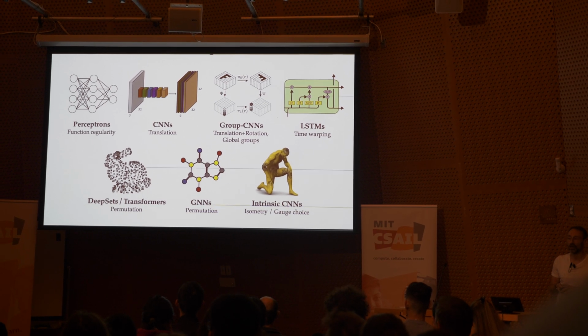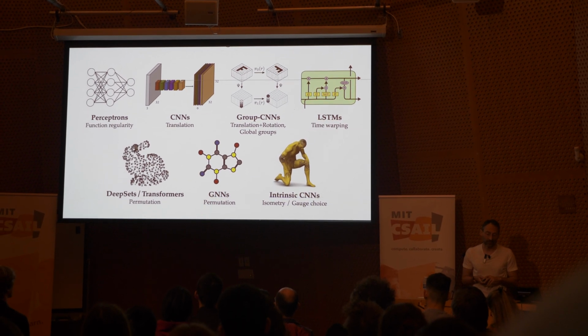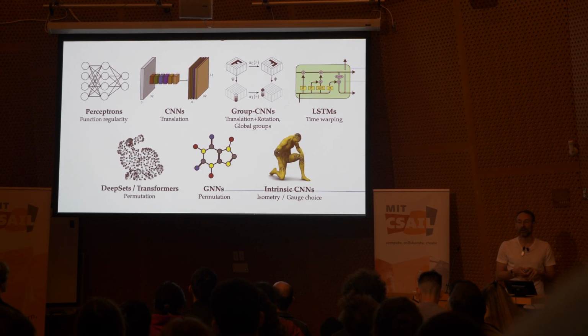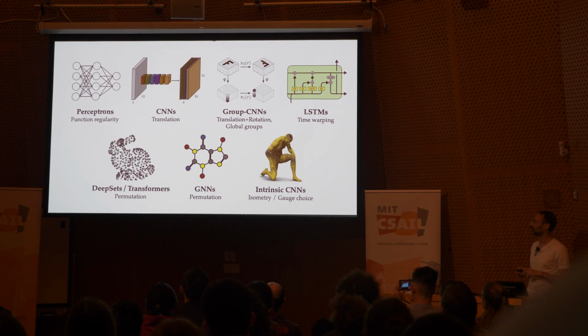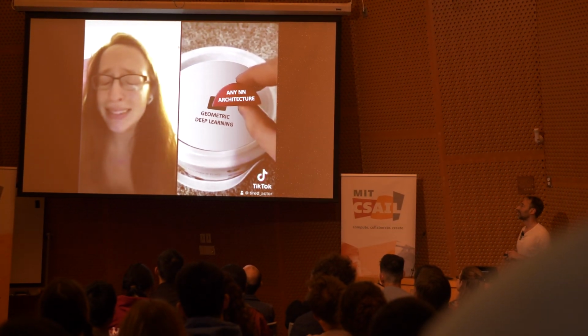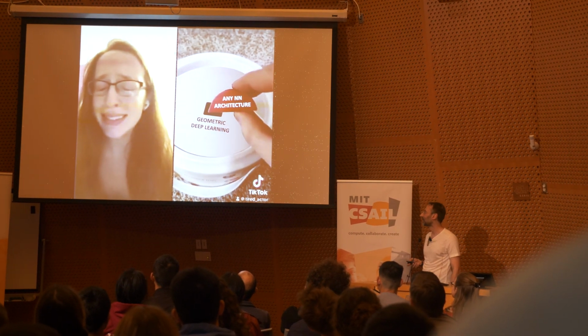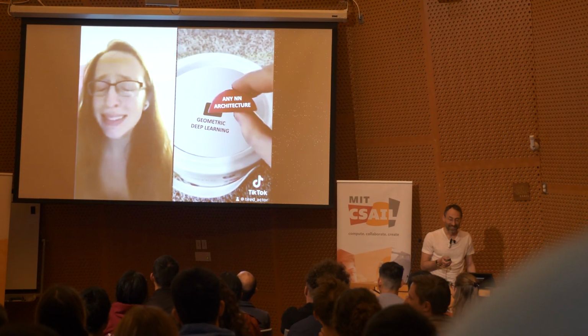And basically, all architectures that you probably use in deep learning, maybe with a few exceptions, can be viewed through this lens of the group theory and the symmetry and the invariance and equivariance. So, in a sense, any neural network architecture could be fit into this blueprint of geometric deep learning.